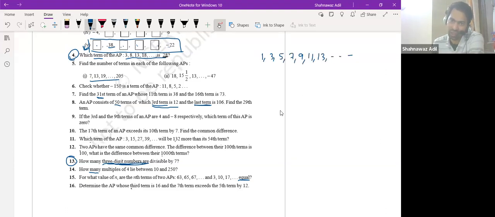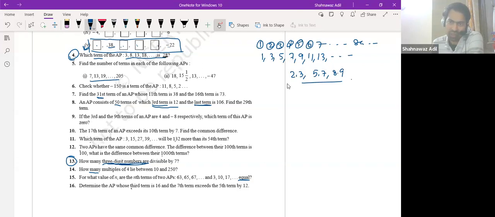So this is the first term, second term, third term, fourth, fifth, sixth, seventh, and similarly 8, 9, 10. So the number of terms are natural numbers, 1, 2, 3 kind of numbers, and this number cannot be 2.3 or 5.7 or 8.9 or something like that.